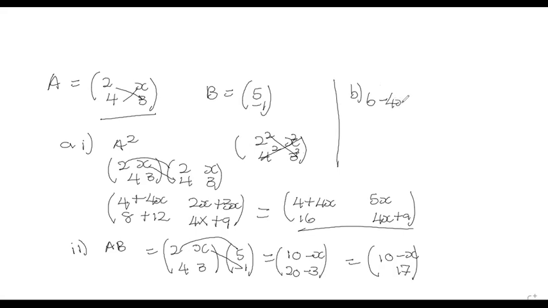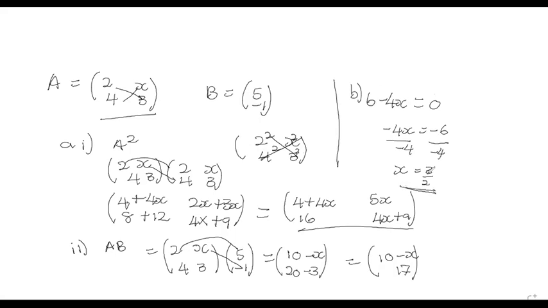But they are saying it's a singular matrix, which means its determinant is equal to 0. Then I need to make x the subject of the formula. 6 goes to that side, becomes minus. If you divide by minus 4, you divide by minus 4. Therefore, your x is equal to 3 over 2. Then you are done.